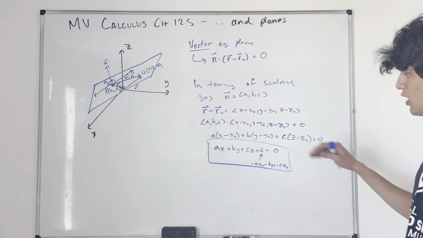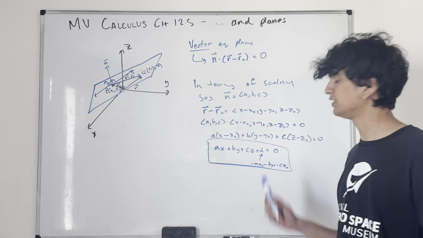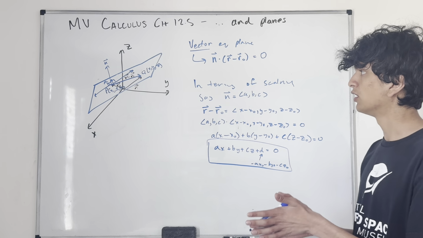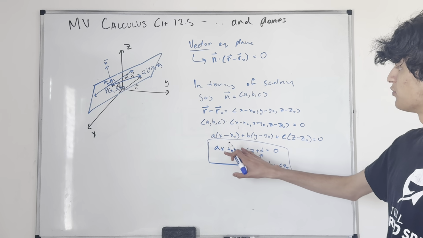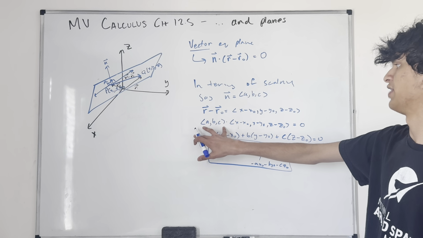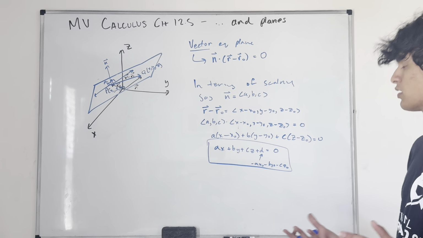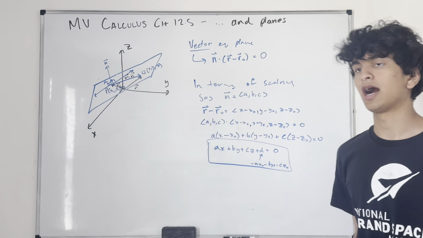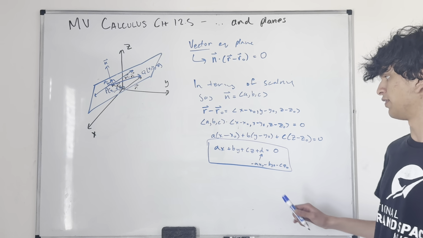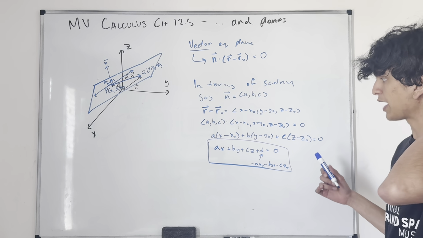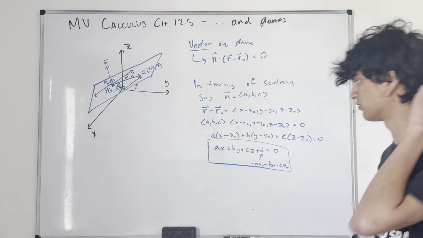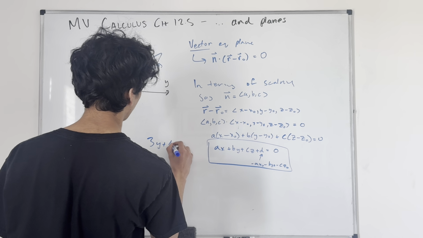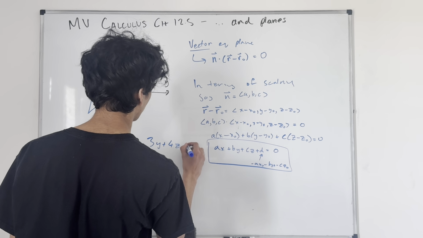So the coefficients A, B, and C tell us the direction of this plane, because remember, this comes from the normal vector. A, B, and C give us the components of the normal vector. So consider this plane: 3y plus 4z is going to equal 0.